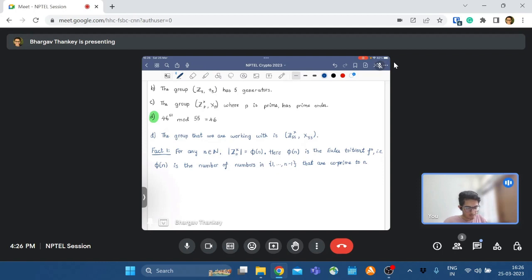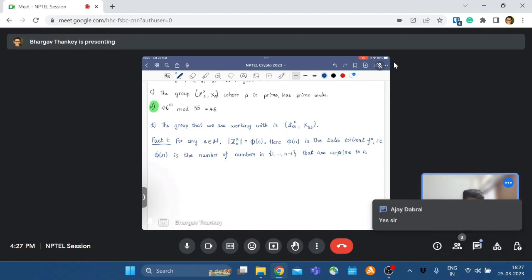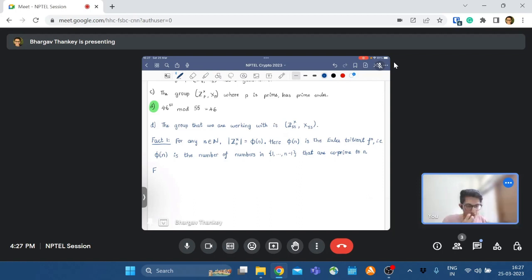Yeah, so this is a standard fact from number theory. Have you seen this fact before? Yeah. And so we now know that the size of Z55 cross is going to be phi of 55.